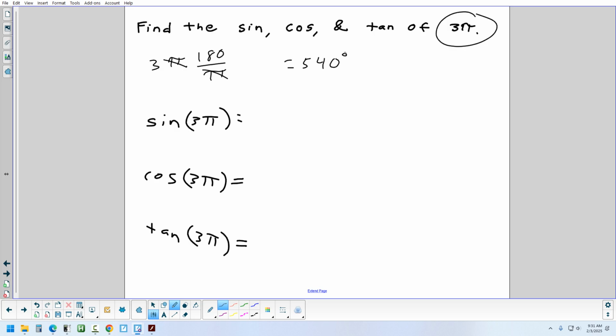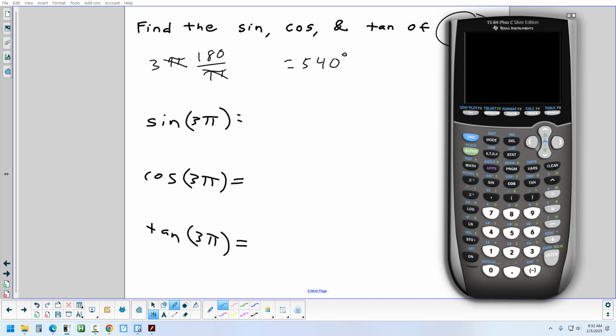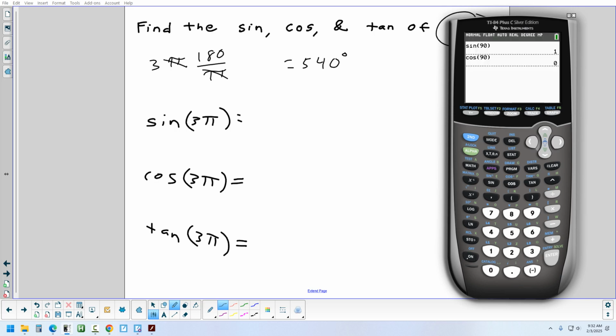Okay. Is 540 an angle that I drew at the beginning of class on the diagram? I didn't draw 540. Why not? It's more than 360. So what we want to do now is make that angle easier to work with, and hopefully we'll recognize what it is. How can I make 540 more recognizable? Subtract 360.